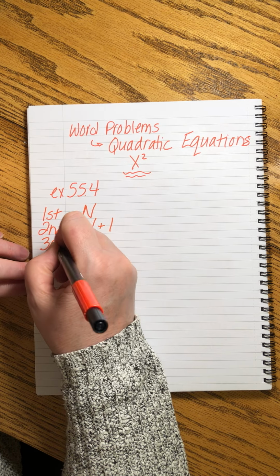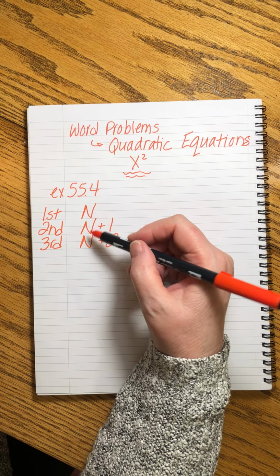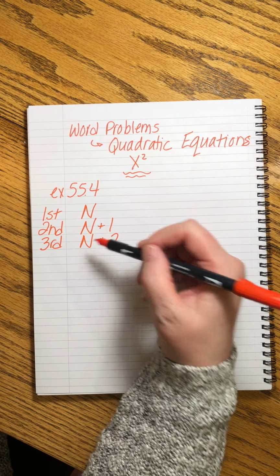And the third we will call n plus 2. There's 3 consecutive integers, right? Remember, sometimes we'll get consecutive odd or consecutive even, and then we have to skip numbers, but that's not the case here. Here we just have 3 consecutive integers, so the first one will be n, second n plus 1, third n plus 2. Okay, good.